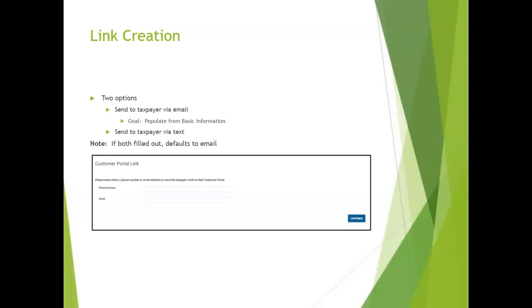So once you click on one of those access options in the return, you're going to see a page that looks like this. It wants to know the phone number and an email for that taxpayer on the tax return. Now the goal we have here is to auto-fill this information based on what's provided already in the tax return. So a phone number, obviously, probably needs to be a cell phone in order to receive a text message to generate and create their account, or the email.